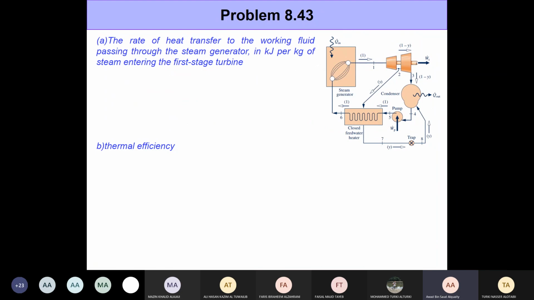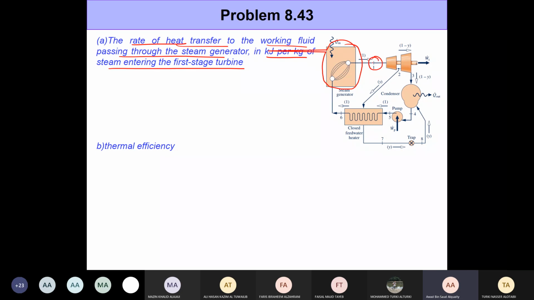So now let's look at the first part. In the first part here, we need to determine the rate of heat transfer to the working fluid that's passing through the steam generator. So this is the steam generator right here. Okay, we need to determine this rate of heat transfer in kilojoules per kilogram of the steam entering the first stage of the turbine.